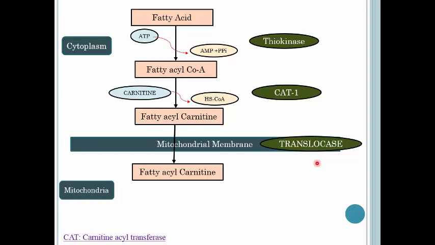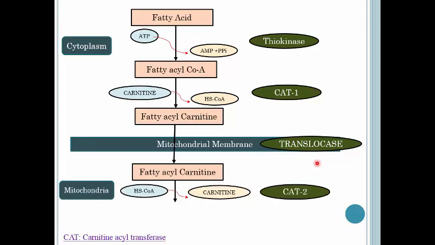Once it reaches the mitochondria, again the fatty acyl carnitine will be converted to fatty acyl CoA with the help of CAT2. So again the carnitine will be released from this molecule, and the fatty acyl CoA has formed.